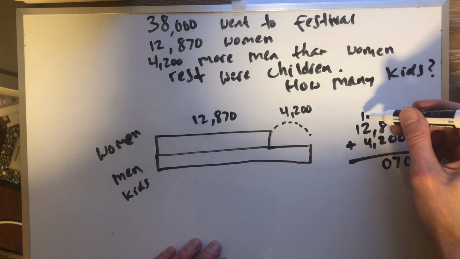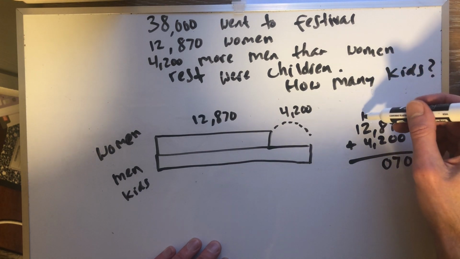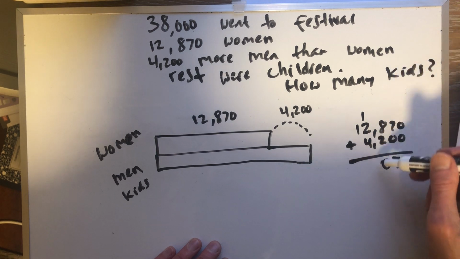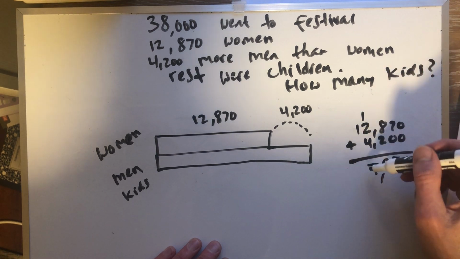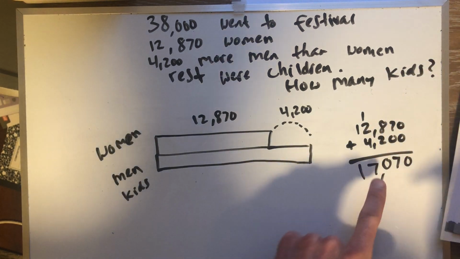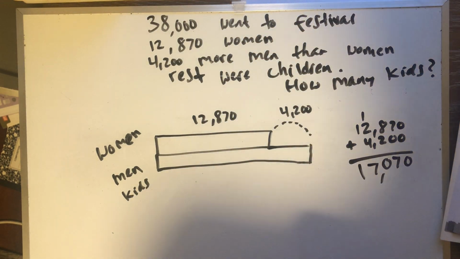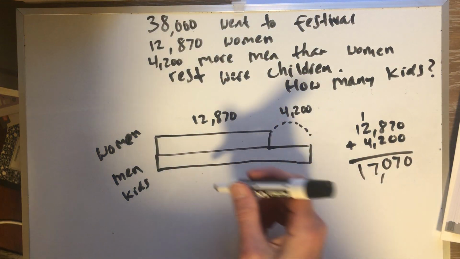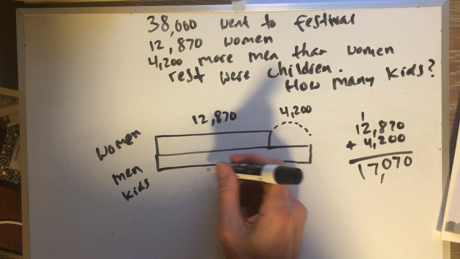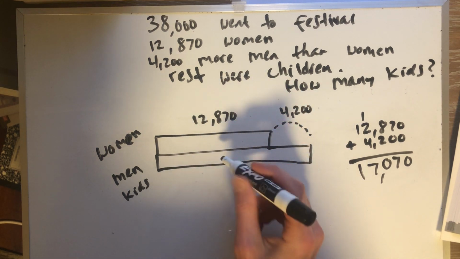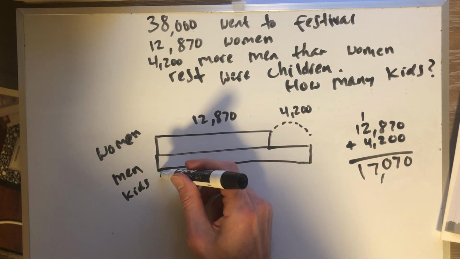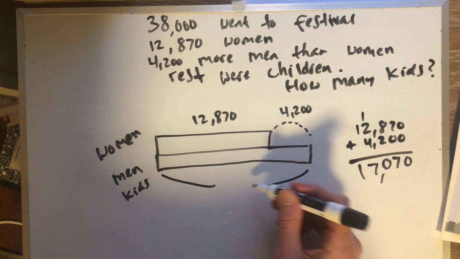So that's 1,000. Now we're in the thousands. 1,000 plus 2 is 3, plus 4 is 7. And bring down the 10,000. So that's how many men went: 17,070. So this whole number here is 17,070.